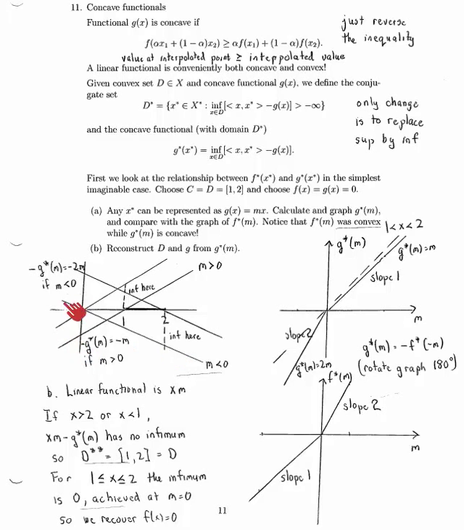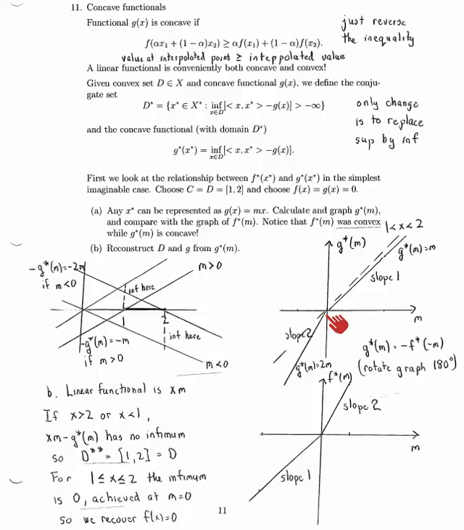And so we can look here and say negative g star of m, this intercept, is minus 2m, and we conclude that for negative m, g star of m is equal to 2m. Notice it's happened again. One endpoint of the domain has become encoded in the slope of the line up here. The other endpoint has become encoded in the slope of the line down here.